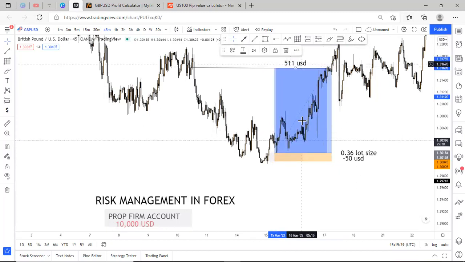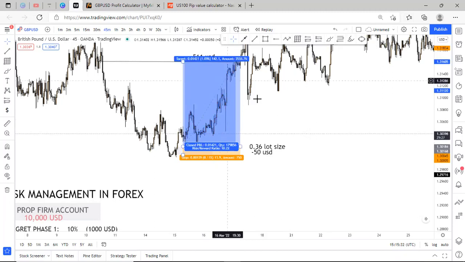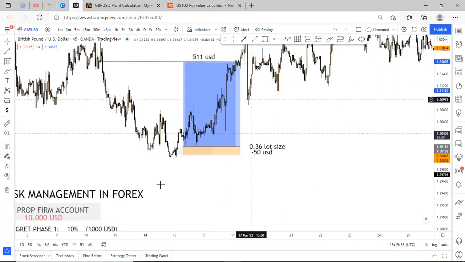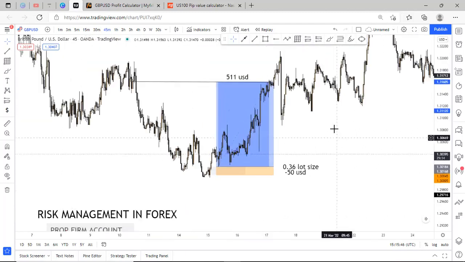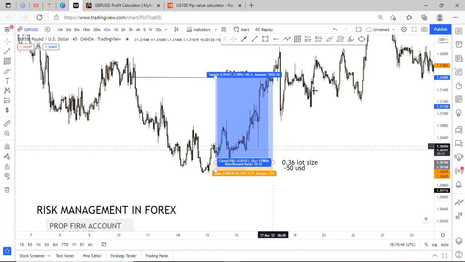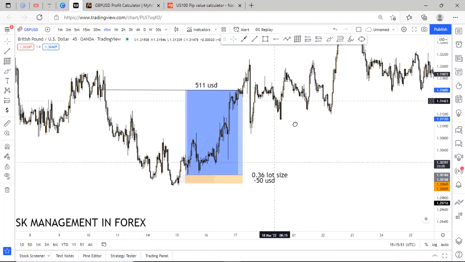So who knows, your next trade, if you are able to secure another trade like this, in 2, 3, 4, 5 trades, you are already completing your profit target for your phase 1 or phase 2. Now let's take, for example, you have a losing trade. Let's say you win this trade, and you got into another trade, and that trade was a losing trade.